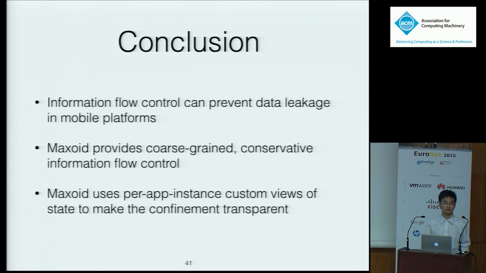Do you address this problem? Sorry, I didn't get the last sentence. I was saying that the operating system basically takes a screenshot so that when you restore the application, you just have the picture of the last state. Yeah, we haven't considered that yet, but I think that's a good point.